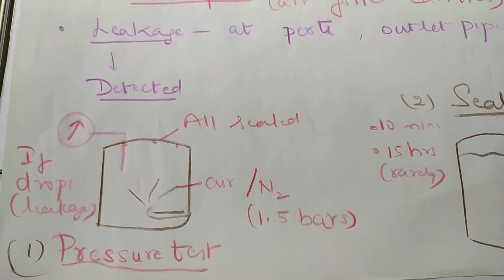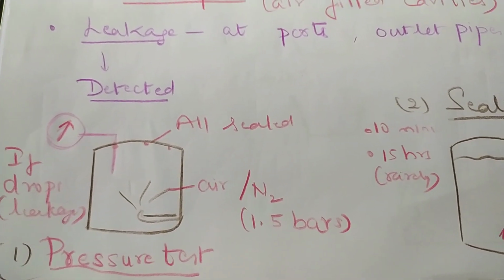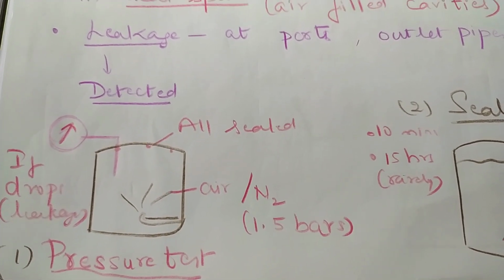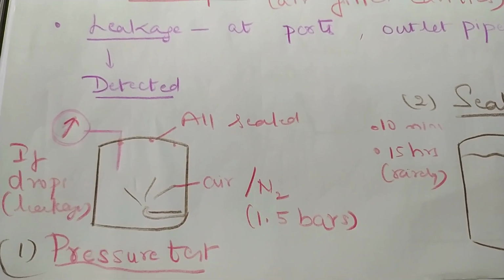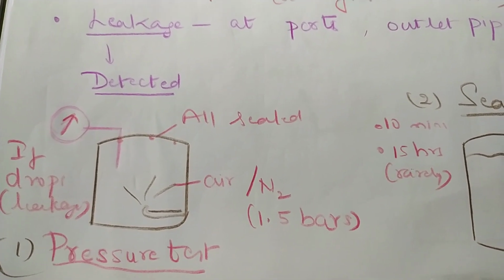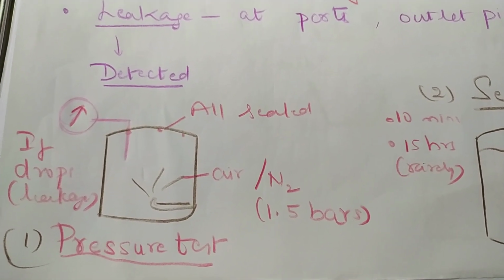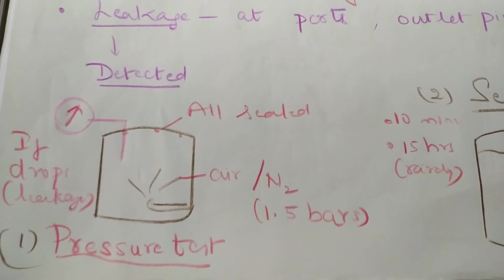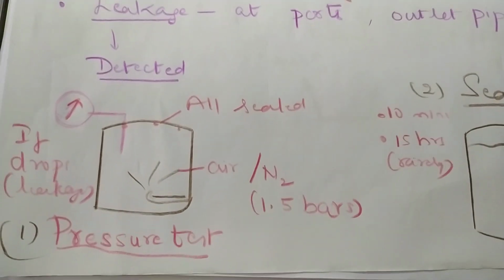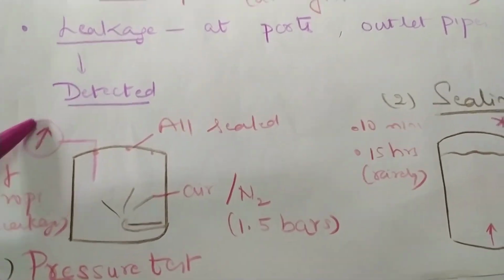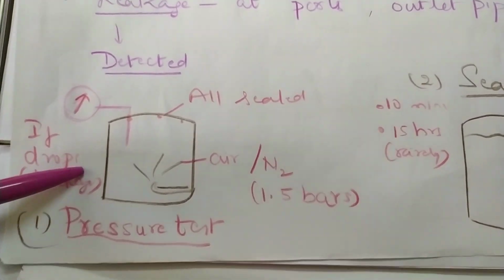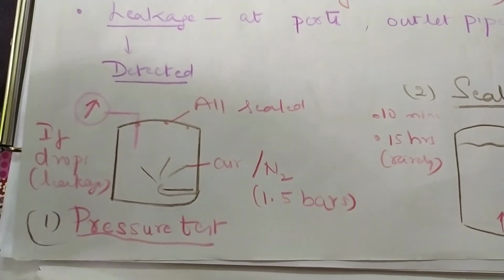If the pressure is dropping, then it indicates leakage is occurring somewhere, so that has to be detected. We cannot use it for the fermentation process. They have to identify the fault and see that it is corrected. If the pressure remains the same, there's no leakage. If pressure drops, it indicates something is wrong.